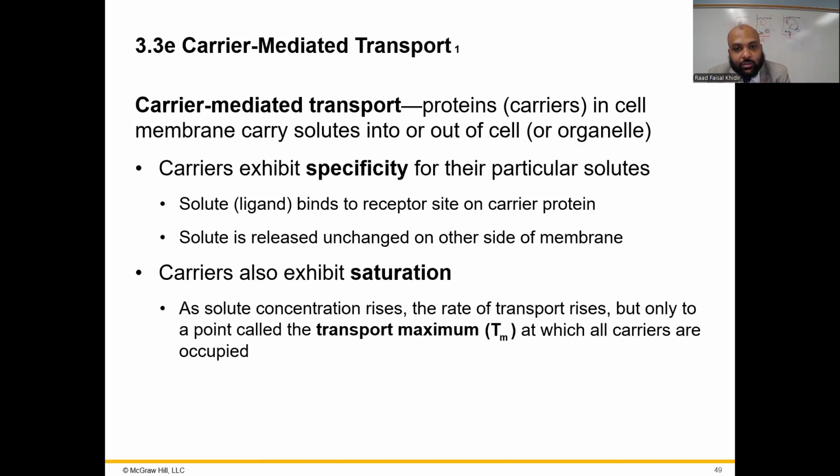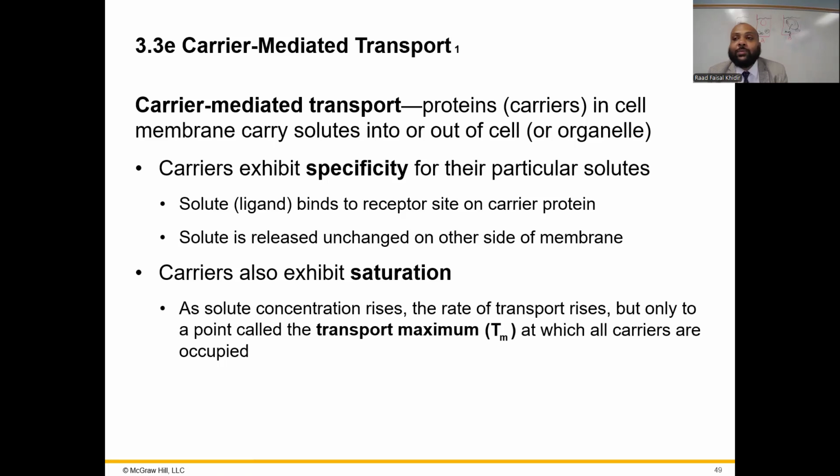Carrier-mediated transport. So protein carriers in the cell membrane carry solutes into or out of the cell. But remember, when we said that the diabetic patient's urine has sugar in it, so when a diabetic patient urinates, all the ants are going to go to the urine for the sugar that's in it. So in the kidney, there is reabsorption.